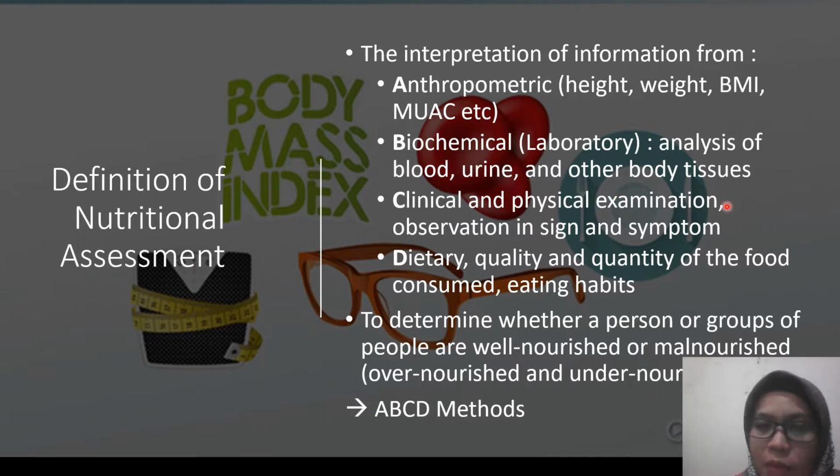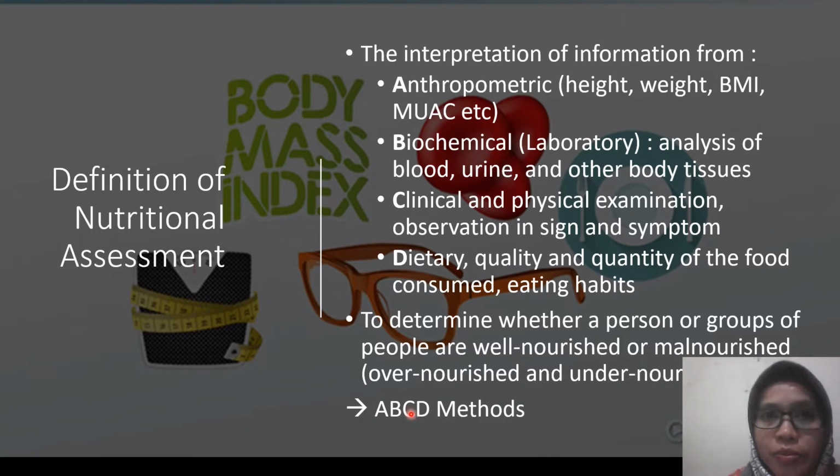Clinical and physical examination by observing sign and symptom. Dietary including quality and quantity of the food consumed and eating habit. All these data are collected to determine whether a person or a group of people are well nourished or malnourished. Malnourished also have two sides, overnourished and undernourished.